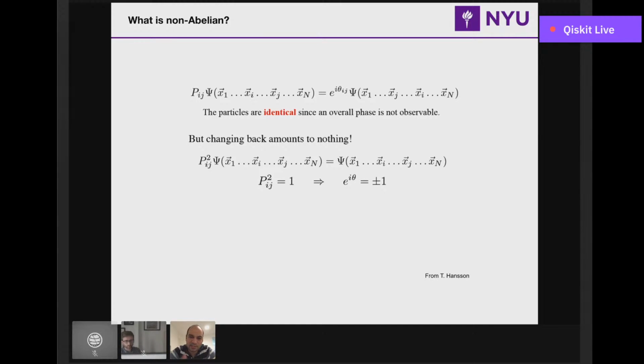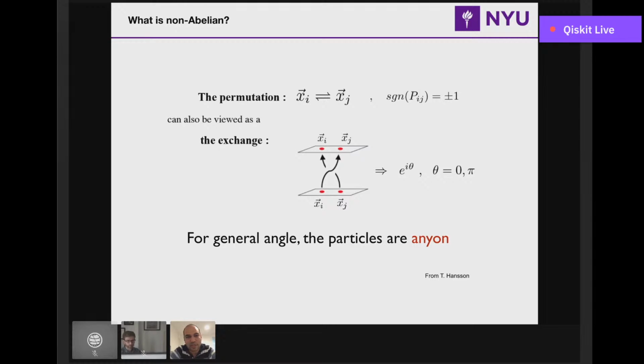If you want to express it in terms of the phases, this exponential is plus or minus 1. You can track it to be a 0 phase, where basically nothing happens, and that becomes a bosonic system. Or you pick up a minus sign, theta equal to pi, which tells you you have a fermionic system. And that is very popular in the condensed matter textbooks, right?